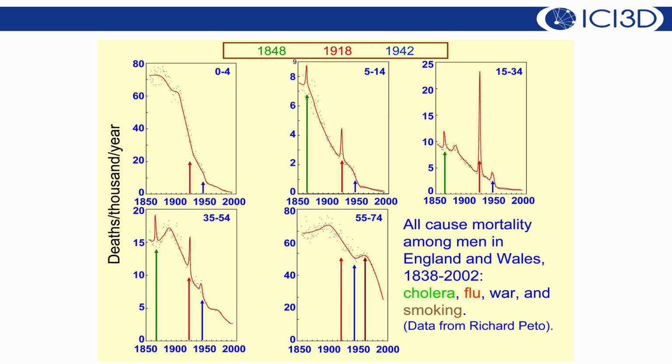But if we look at these graphs, we see that the deaths due to cholera, flu, war, etc., are not uniformly high. There are not peaks in these diseases all the time. And it can be quite different for males of different ages.